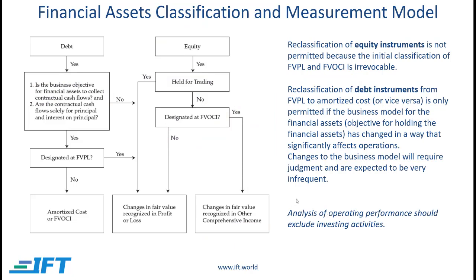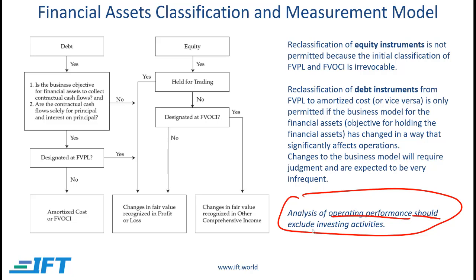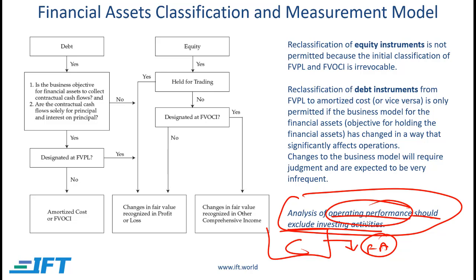The final point for this section is that the analysis of operating performance should exclude investing activities. So, if you are evaluating a given company C, and this company has made investments in stocks and in bonds, these are financial assets. The performance of these financial assets, so any realized gains or losses, unrealized gains or losses, interest income, dividend income, this performance should not be considered when evaluating the operating performance.